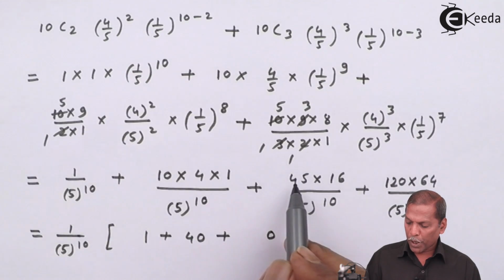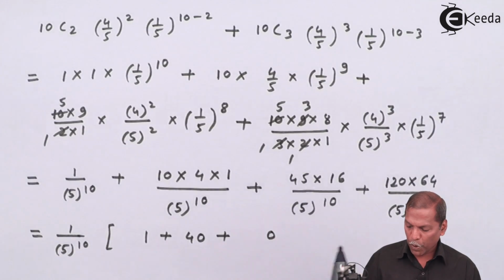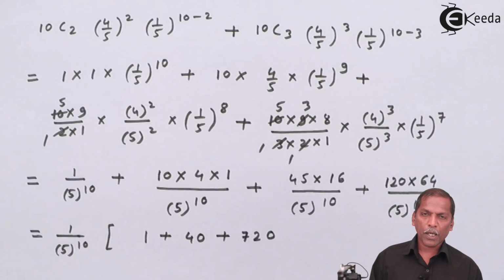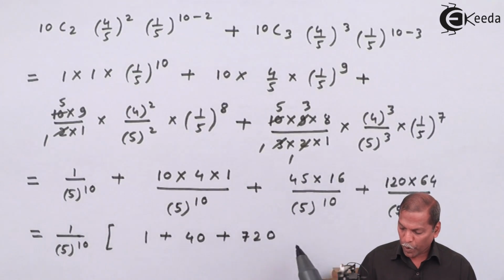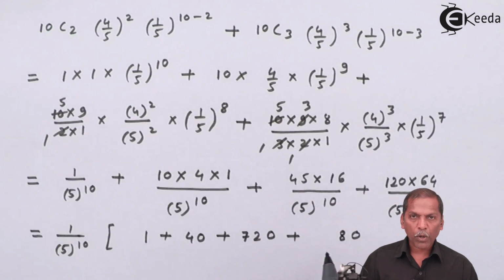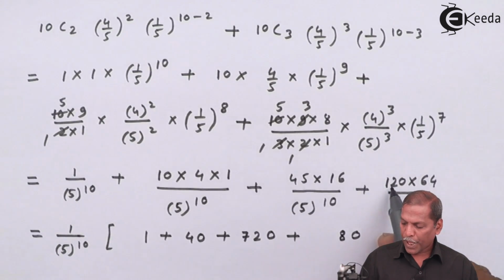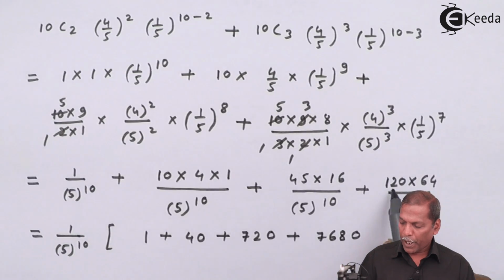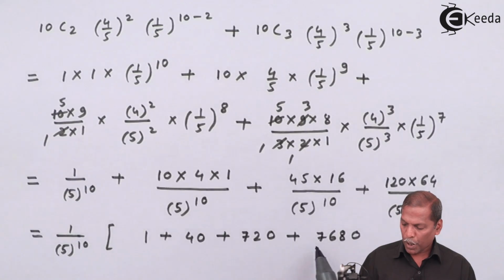And 16 fours are 64 plus 8, so that gives 72. So the total answer is 720, plus. We write here first of all 0 as it is, then 12 fours are 48, so carry 4, and 12 sixes are 72 plus 4, so we get 76. So 120 into 64 gives us 7680.